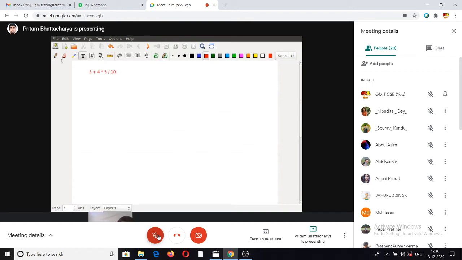Yeah. So this is your expression. I'll draw the stack left to right, but remember that left means it's the bottom of the stack, right means it's the top of the stack.